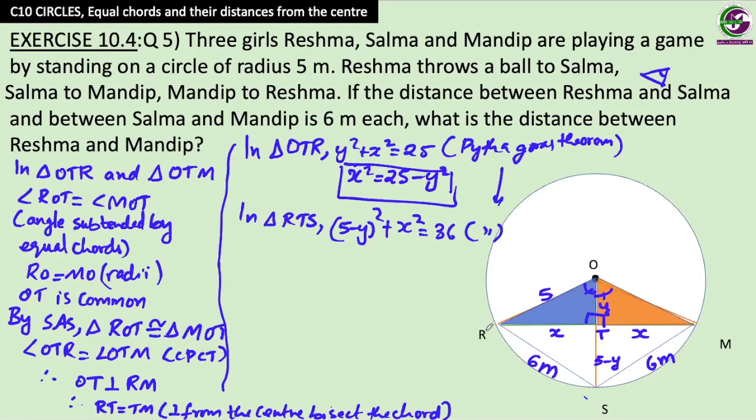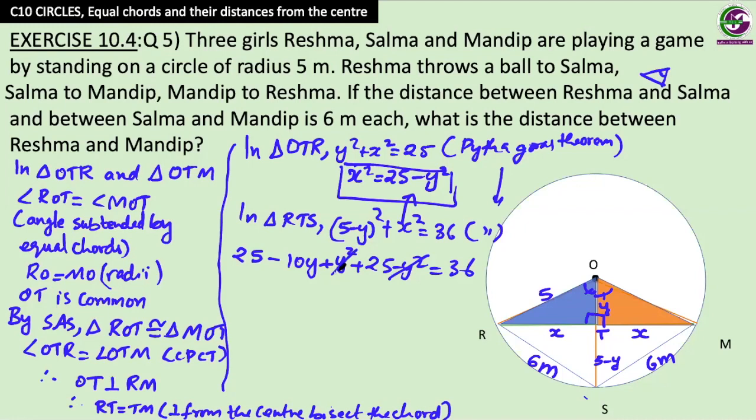From the triangle RTS, applying the identity of (a minus b) the whole square, we will get 25 minus 10y, because 2 times 5 times y, plus y square, plus x square, which means 25 minus y square is equal to 36.